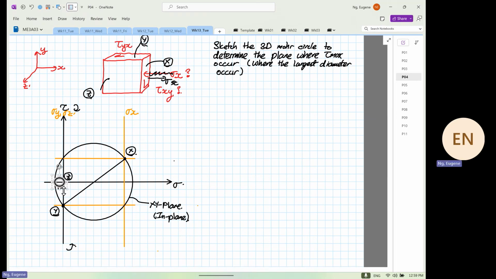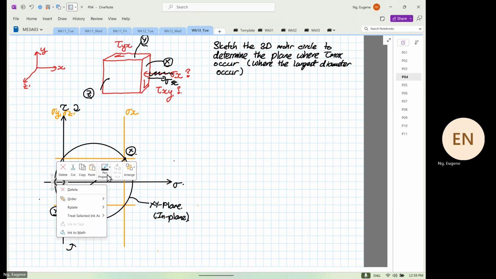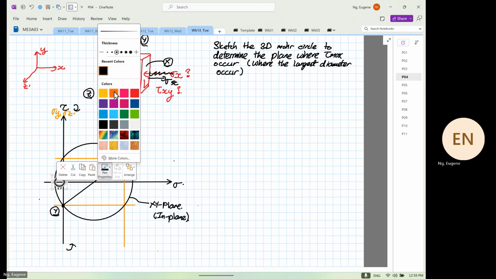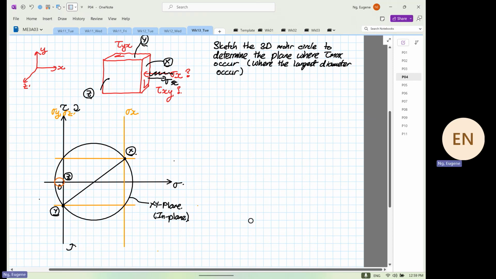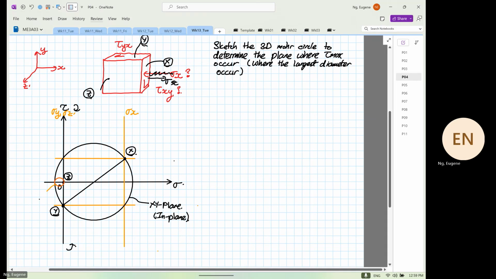Okay, and this circle over here belongs to our YZ plane.